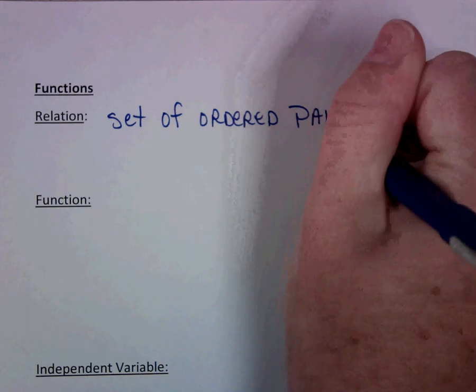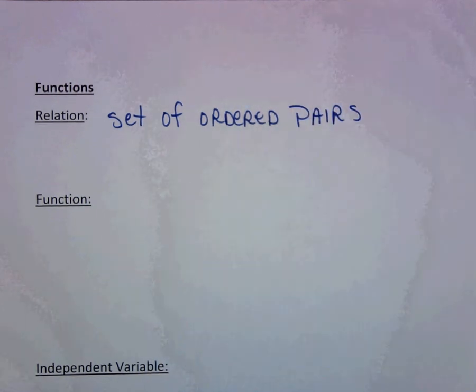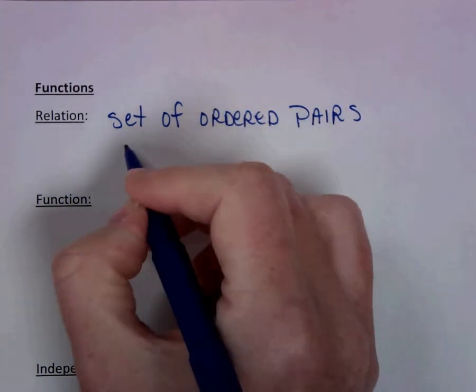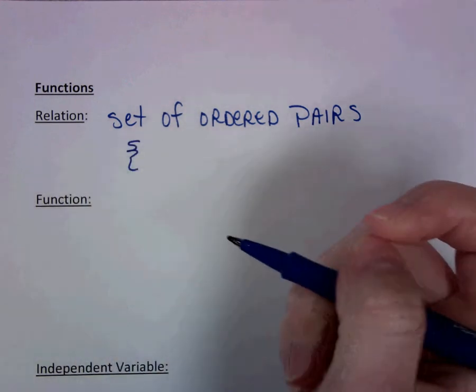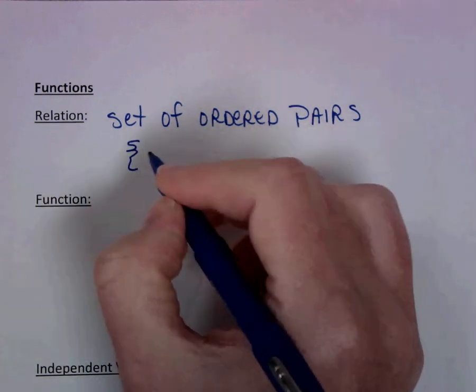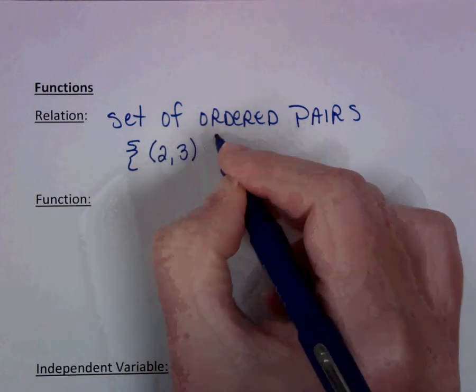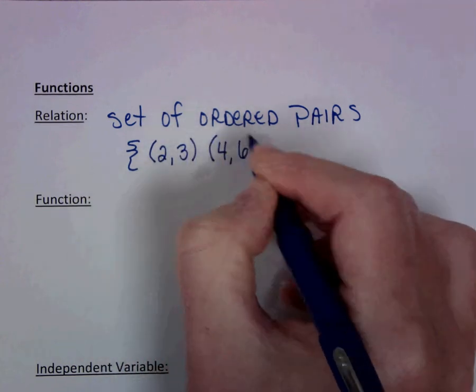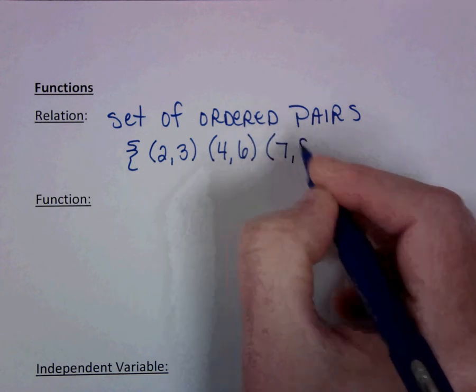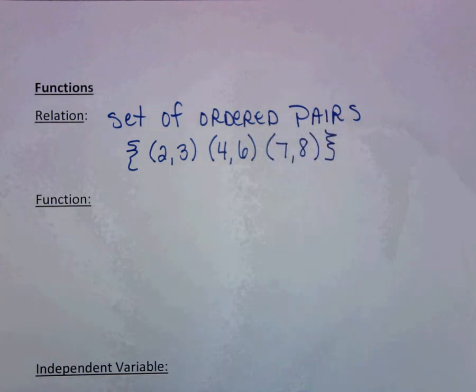And a set just means a group. So we use brackets or braces, I guess those are called, to put it in a group. A set of ordered pairs is just a group of ordered pairs that might be written in brackets. That's a relation.